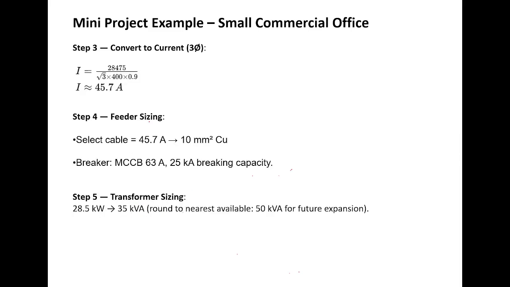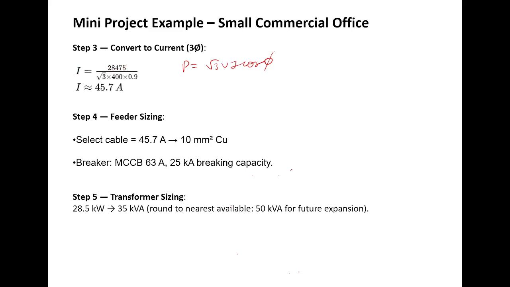Now coming to the load current, how to calculate the load current? As you can see, the total current which I was using, P is equals to root 3 VI cos phi. The same equation I am using here, I is equals to power value, which is 28.4 kilowatt.